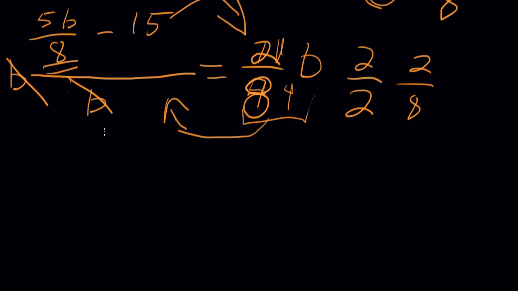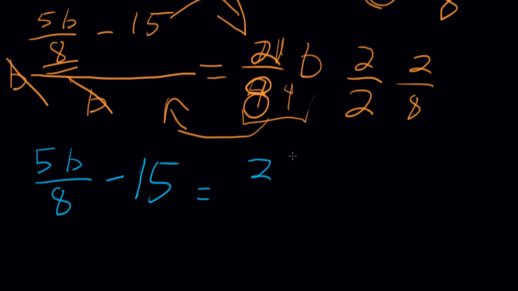So let me clean up here. So we have 5B/8 minus 15 equals 2B/8.